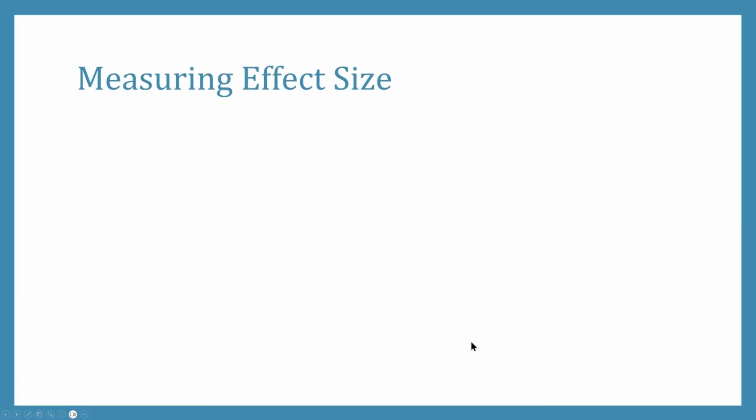All right, last thing I want to mention is that the p-value will tell us whether something is statistically significant or not. We do also want to think about the effect size, which will tell us a little bit about the magnitude of the difference. Is it small, medium, or large? The same guidelines apply as we discussed with both our z-test and our independent samples t-test with the Cohen's d.